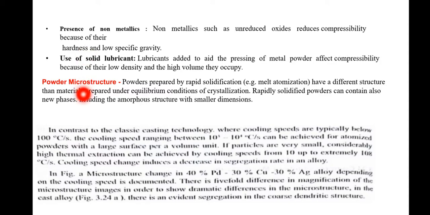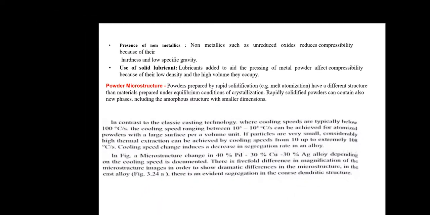Then powder microstructure: powders prepared by rapid solidification, such as melt atomization, have a different structure than metals prepared under equilibrium conditions of crystallization. Rapidly solidified powders can also contain new phases, including amorphous structures with smaller dimensions.